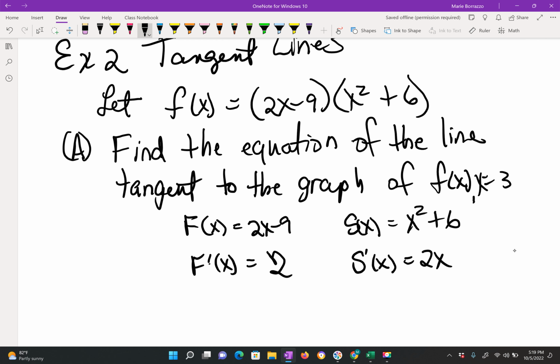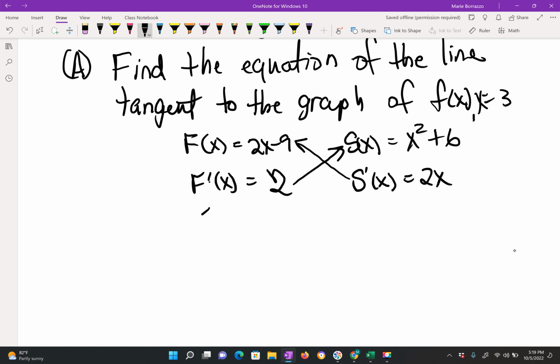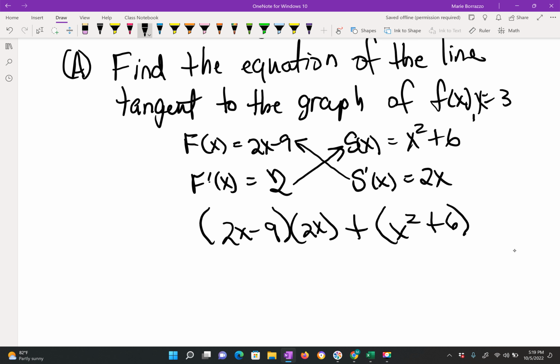And so if we use the product rule, you end up with 2x minus 9 times 2x plus x squared plus 6, all of that times 2.